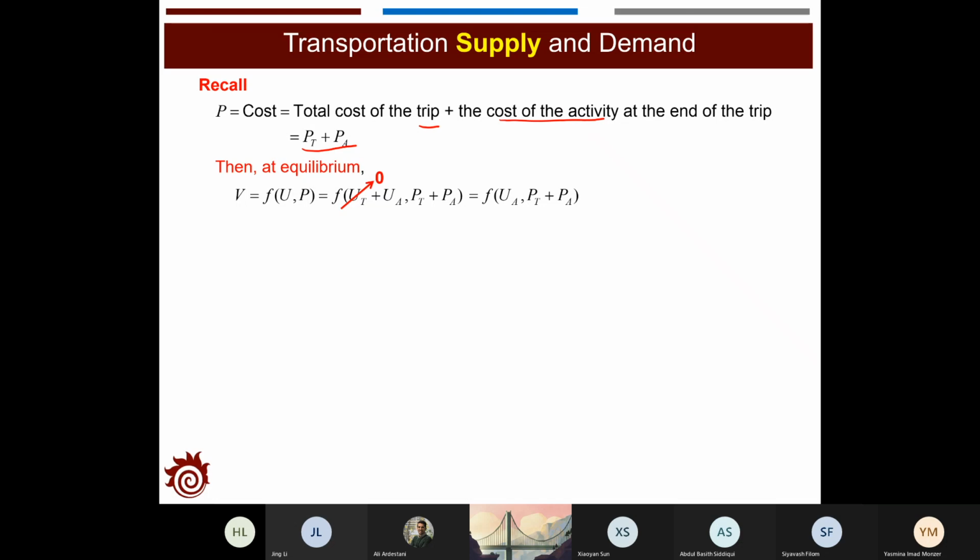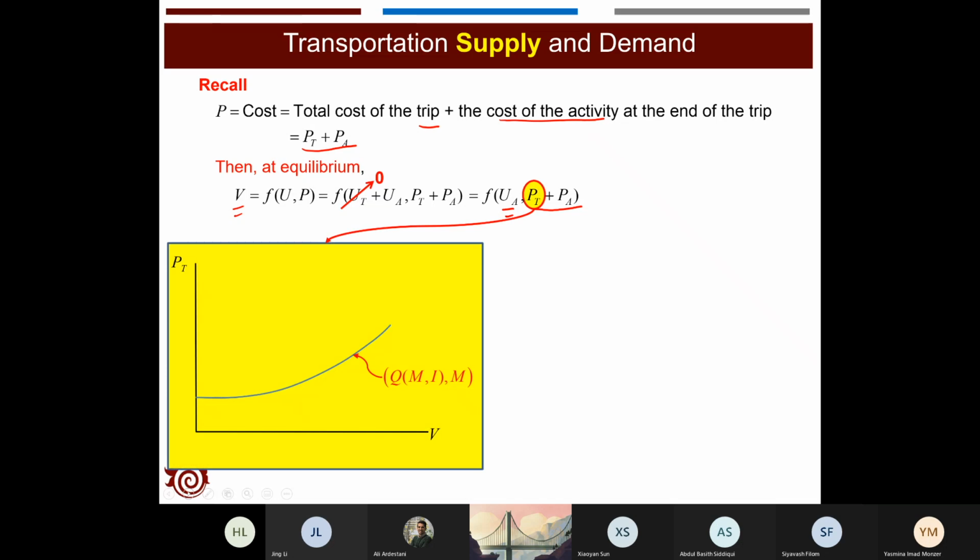And we want to use the equilibrium to find out the volume based on the utility that you can get from the activity and the cost you need to spend for the trip and activity. But in the previous analysis, we know that the cost of the trip is determined by the volume and also the management strategies and the investment.